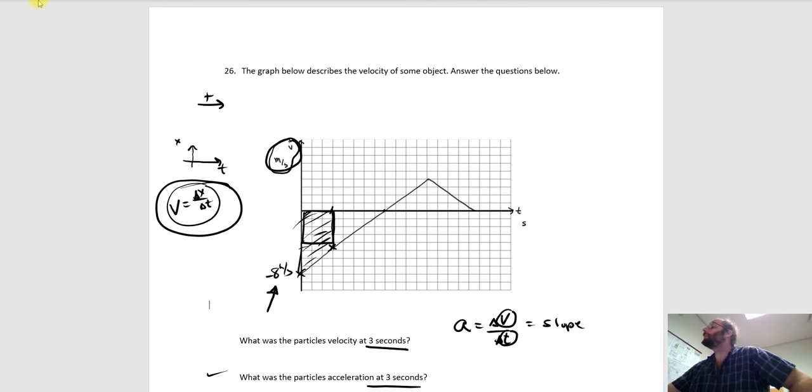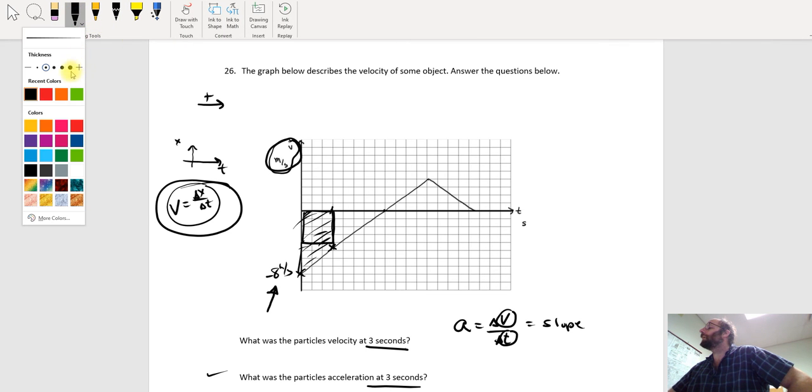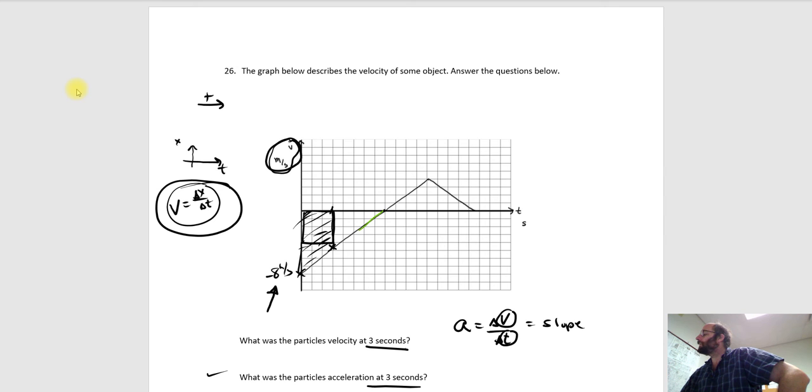All right, so let me do some color coding. I'm going to do the green here. I use green for left. In this region right here, the velocities are all negative, so this green area is going to give us some sort of displacement to the left.